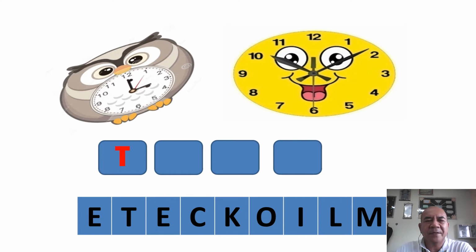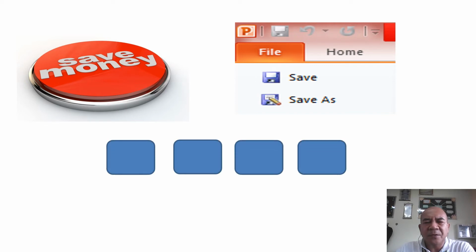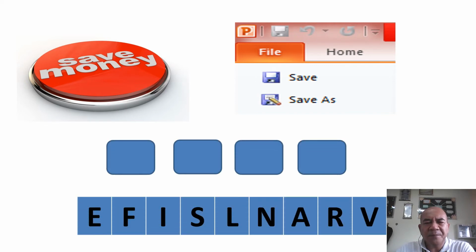That's correct. It is TIME. It's about time. Next, we have these icons: save money, save us. What do you mean? You're going to look for the letters from those given below. Yes, that's correct. S-A-V-E. That is save.